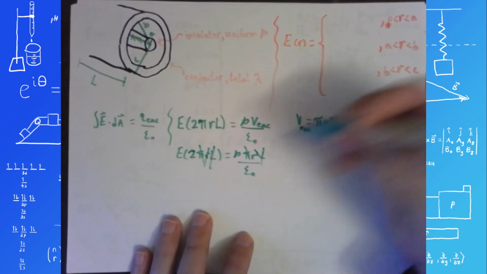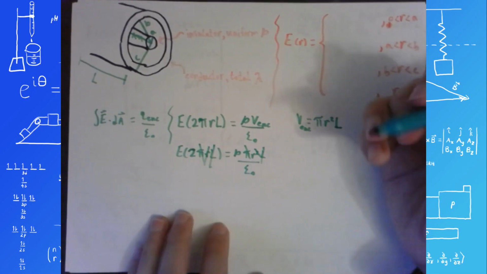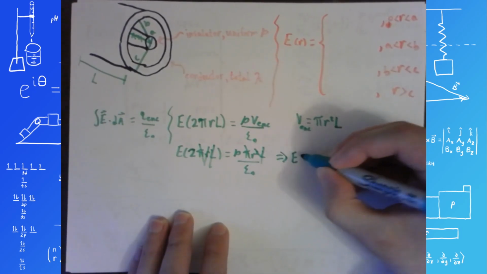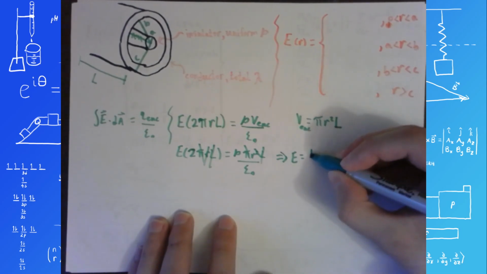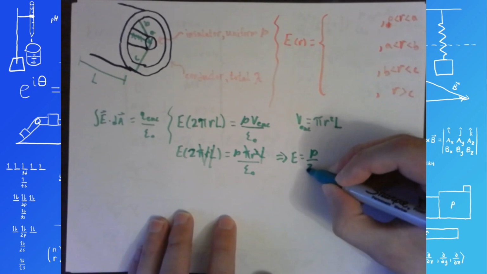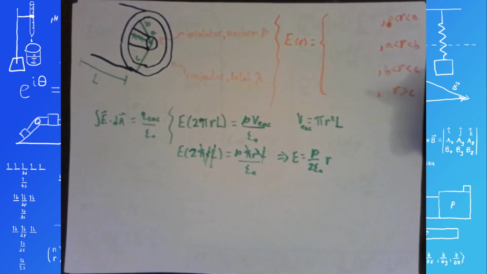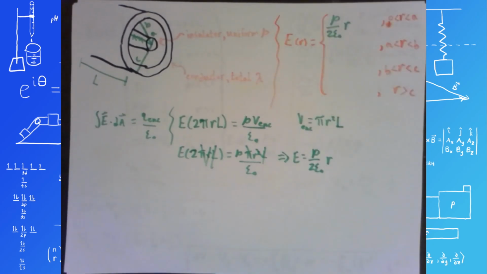The pi's cancel out. And divide by 2. So we get E equals rho over 2 epsilon naught times r. All right.